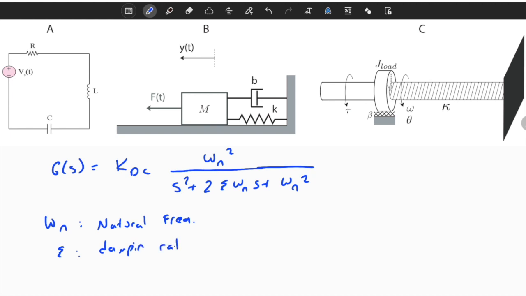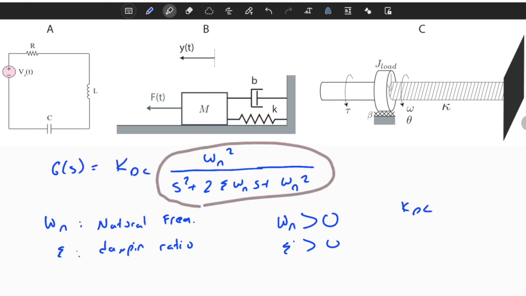Of course, for physical systems with passive elements, we know that omega n is greater than 0, not equal to 0, and psi is also greater than 0. And K DC is just a gain which can change significantly from system to system, but this is the part that we will try to analyze in this lecture.